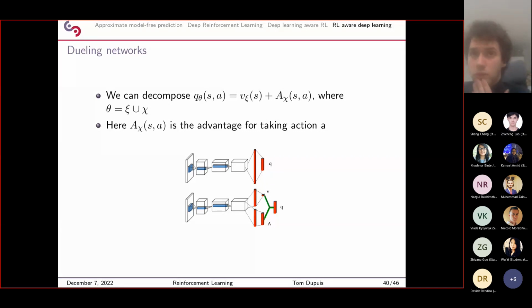Yes. Like the two branches, sorry, because before the last layer you have a V and A, but how could you know one represents V and another one represents A? You don't enforce it. It's done implicitly.